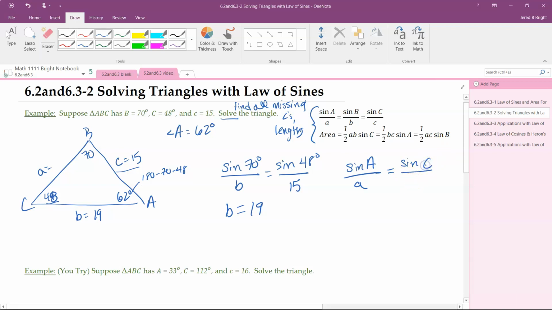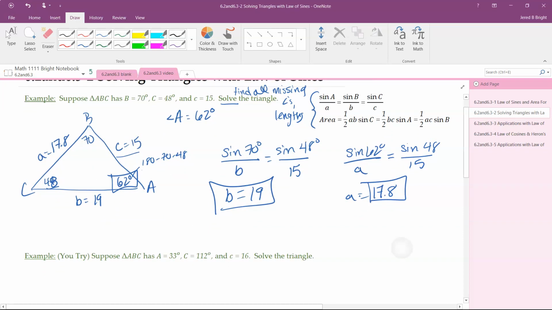Then I can fill these in. This is 48 and this is 15, and similarly A is 62 degrees. Solving, we end up with about 17.8 after rounding. So there we go, we have all the missing pieces. That's one example.